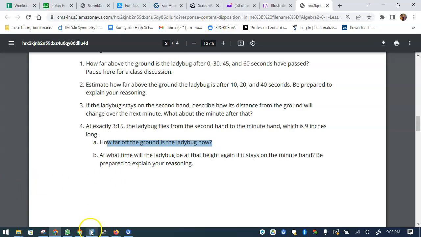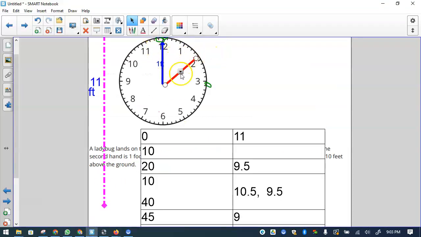Okay, so let's go back to the problem now. Let's draw this. So exactly at this time, this is the minute hand, and the ladybug jumps from here to here, right?